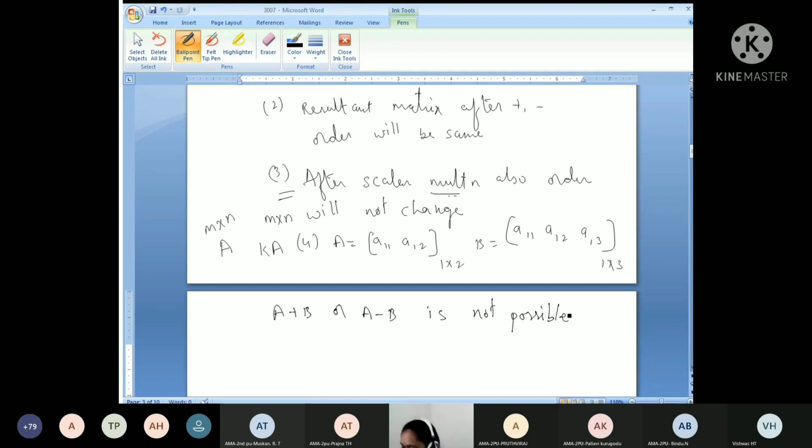I have to take properties today. Before properties, let us solve some sums so that we will get clarity on how addition and subtraction work. I want to take examples 8, 9, 10 in the textbook. Of course, I have to solve properties, but before that, let us do some questions.